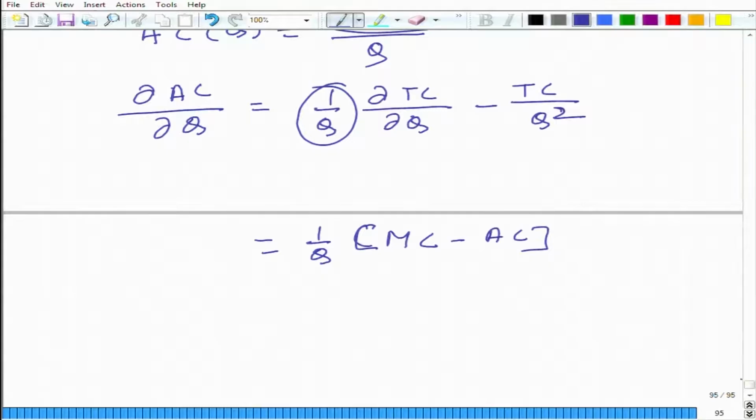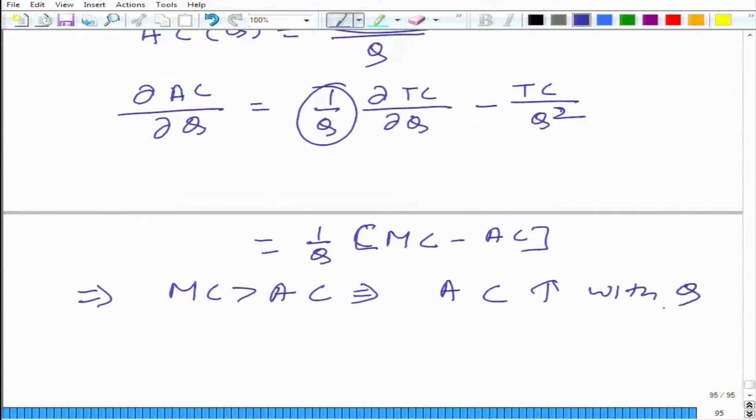From here, if MC is greater than AC, then AC is increasing with Q, because we are differentiating with respect to Q. When MC is equal to AC, AC is stationary, constant.